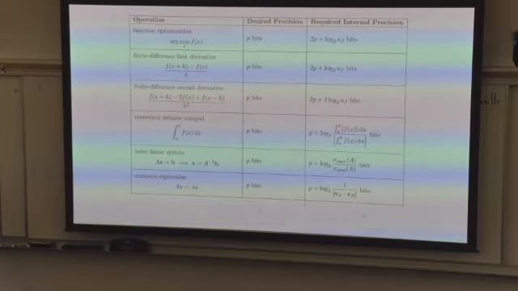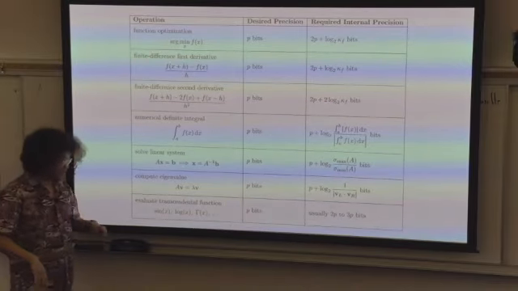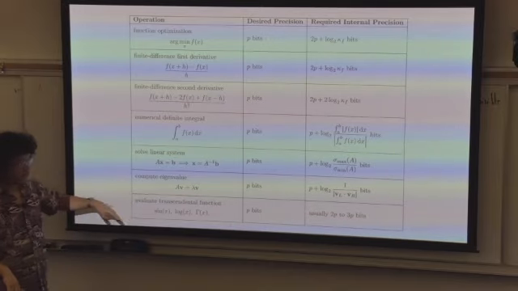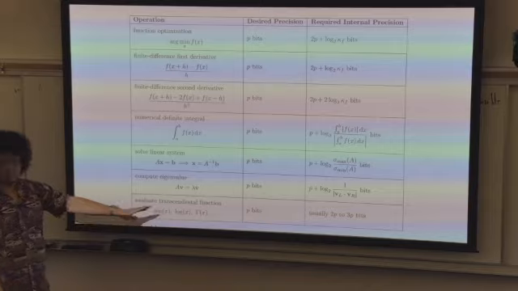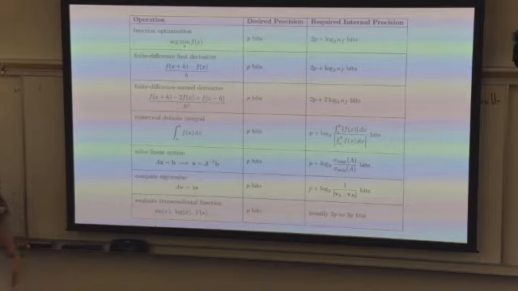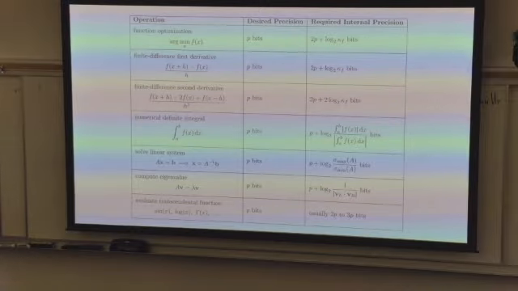And finally, for other problems like evaluating a transcendental function, say sine x, log x, whatever, this depends on the particular function, but typically you will need higher internal precision inside to get good precision outside. So this gives you some idea of how for different numerical problems you have different behavior of the error stacking up.